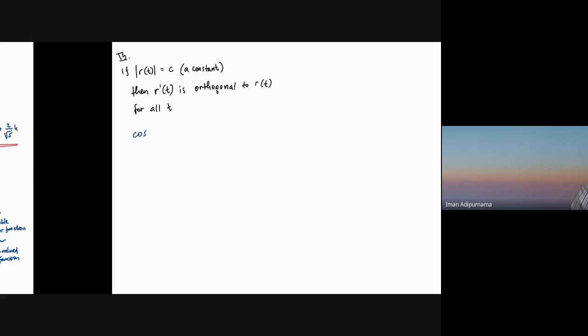Remember the cosine, right? If theta is pi/2, that means the product is 0.